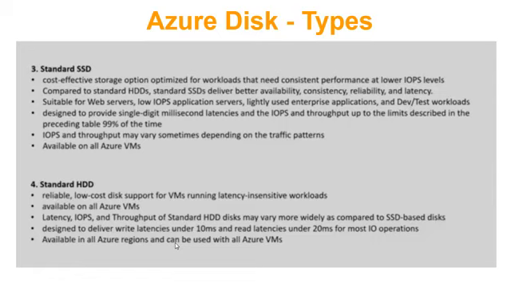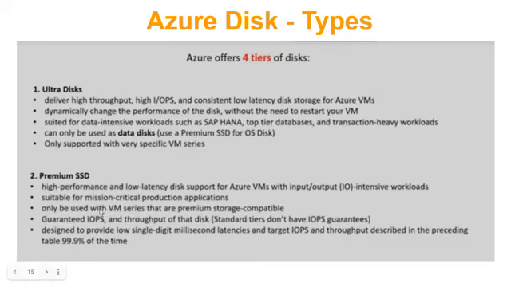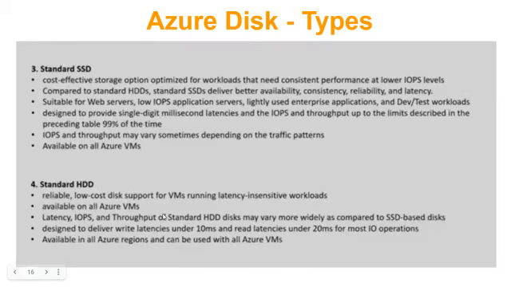Next comes the standard SSD. So standard SSD, whenever you want cost effective, it is a cost effective storage option optimized for workloads that need consistent performance at lower IOPS level. So in premium SSD you need high IOPS level, but whenever you need lower IOPS level but with consistent performance, you can use standard SSD, and it will be a cost effective storage option.